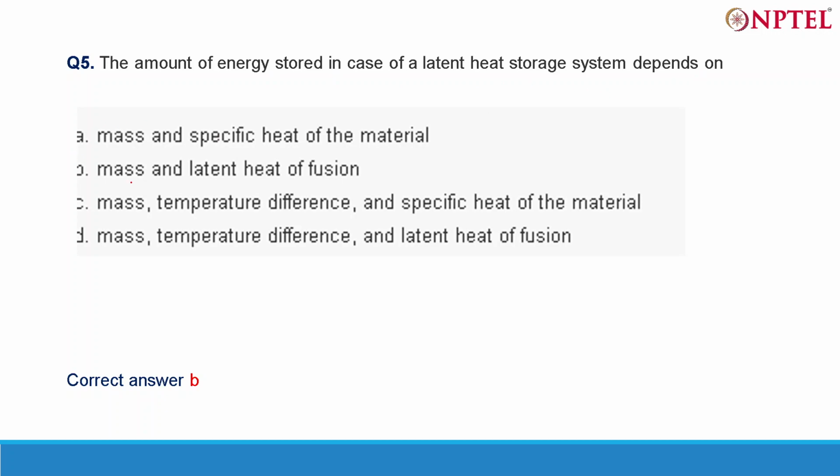So when you see latent storage, it is basically not dependent on the increase in temperature, but at a specific temperature, the amount of energy that goes into changing the phase. So that is basically latent heat of fusion and mass, not the specific heat, because it's not specific heat storage, not the temperature difference. These two are wrong. So the correct answer is answer B.